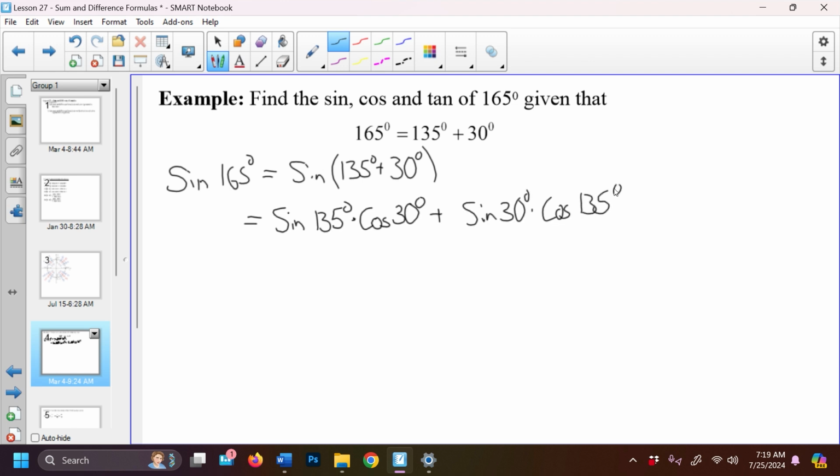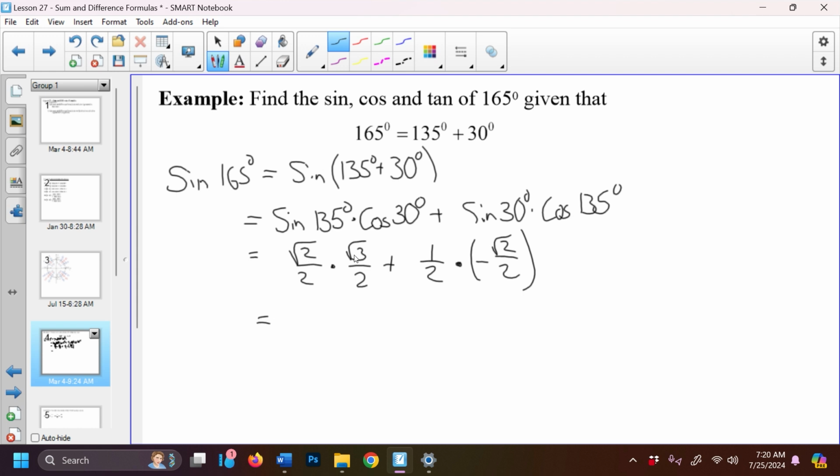Since we all know our unit circle very well, we can calculate those individually. The sine of 135 degrees is square root of 2 over 2. The cosine of 30 degrees is square root of 3 over 2, plus the sine of 30 degrees as a half, and the cosine of 135 degrees is negative square root of 2 over 2. And so we're just going to simplify this.